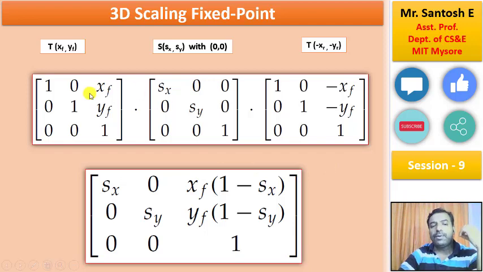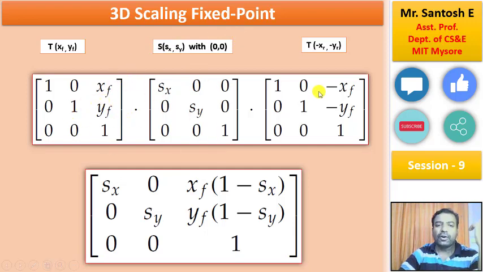Instead of bringing in the new components xf and yf, we used a technique of translating the object to the origin, applying the scaling at the origin, and retranslating the object to its original position. This is the technique we discussed for 2D scaling about a fixed point.